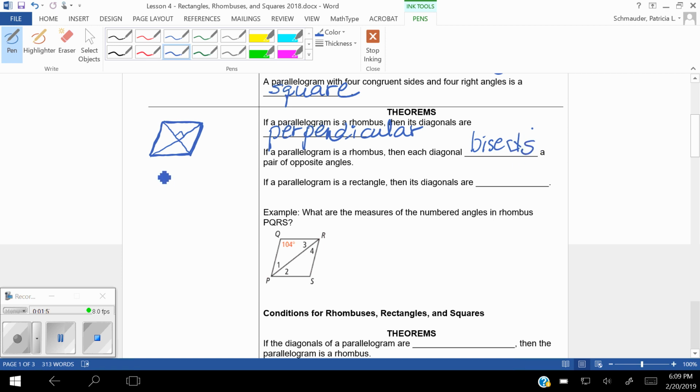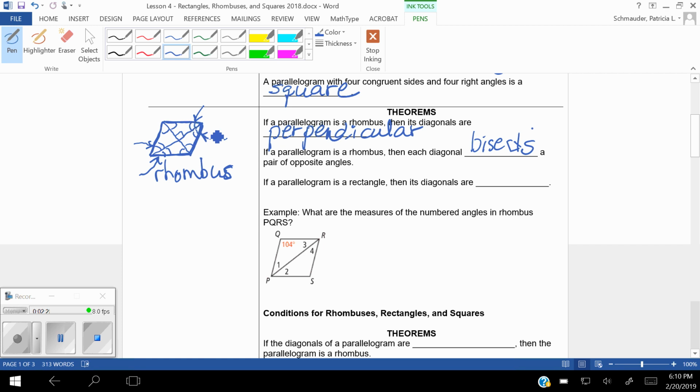So since we know this is a rhombus, I know that each diagonal bisects a pair of opposite angles. And why have I drawn this angle and this one to be congruent to this one and this one?